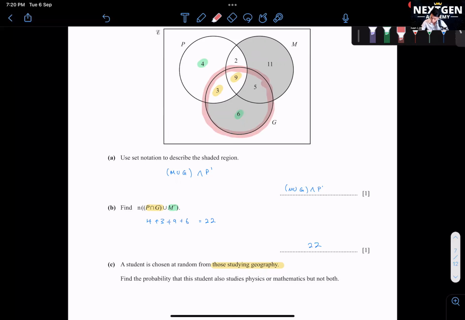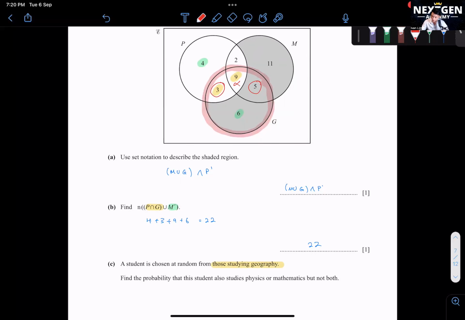So the student also studies physics or mathematics, but not both. Which one is both? The 9, right? So we don't want this 9. So studying physics or mathematics but not both, I get 3 and 5, so 8 over your total.